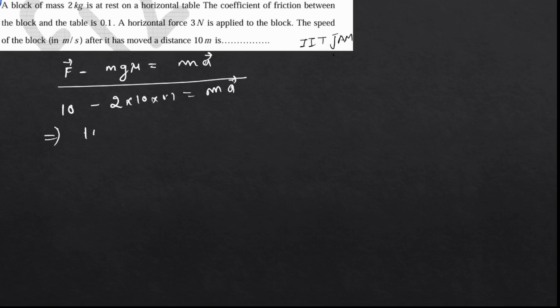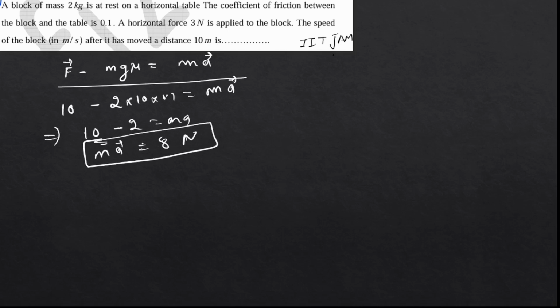Just solve this equation, and we have mass times acceleration equal to 8, which means 8 newton of force is acting on this particular body. From here its acceleration would be 8 upon its mass, that is 4 meter per second square.